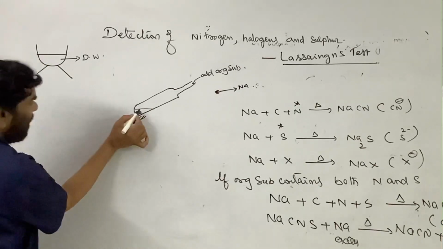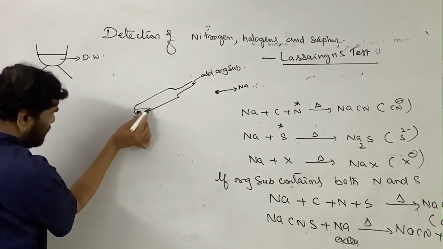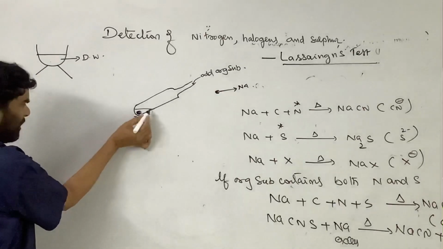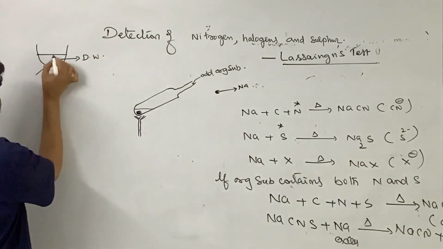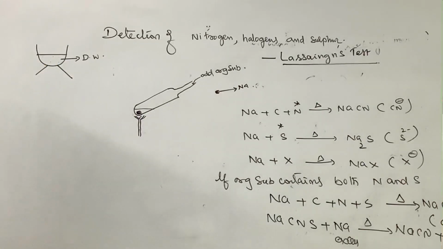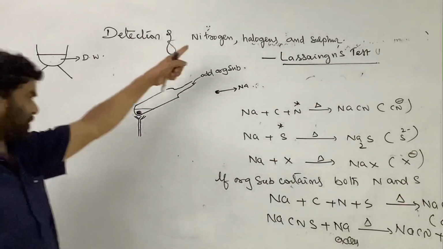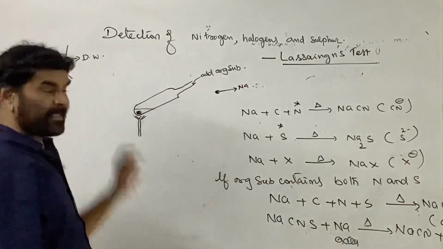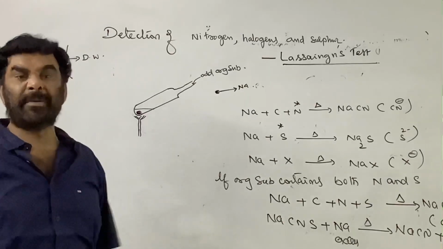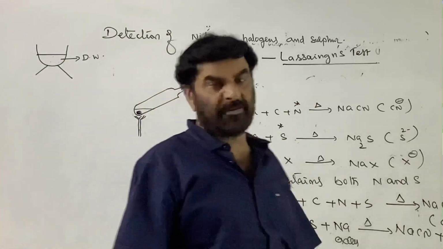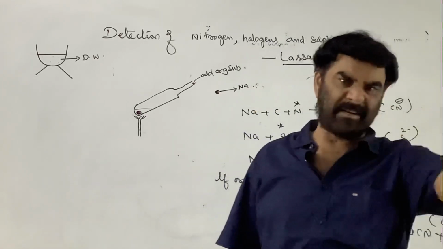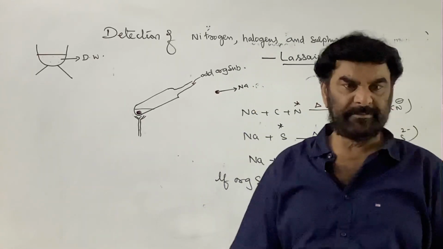All the soluble inorganic compounds from this charred material move into the water. So after sodium fusion, the tube is dipped in distilled water, the tube breaks and the contents come into contact with the water, and you thoroughly grind all the glass pieces and these things, then filter.